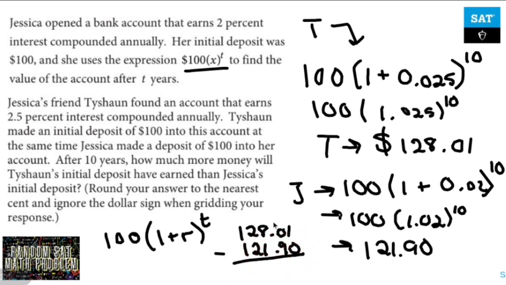You subtract the one from the other, and I'm doing this the old-fashioned way, $6.11. Wow, after 10 years, a whole $6.11. Worth it.